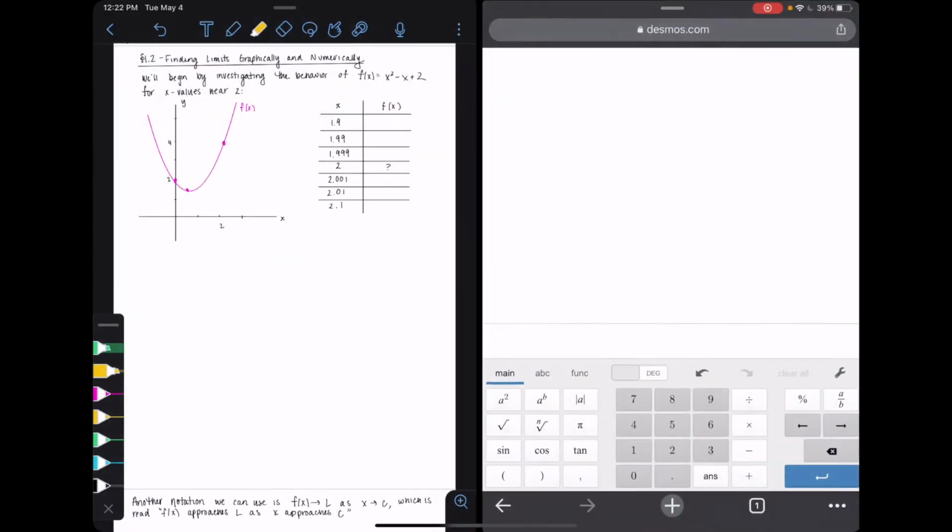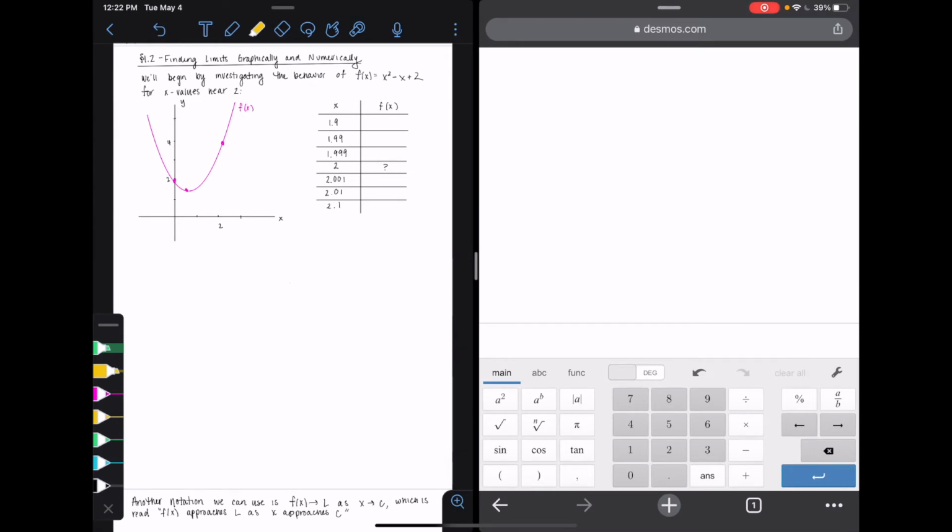So we're going to use a calculator and we're going to plug in these particular values into this function here. I'm going to start by just typing it. I want to plug in 1.9. So that would give us 1.9 squared minus 1.9 plus 2.